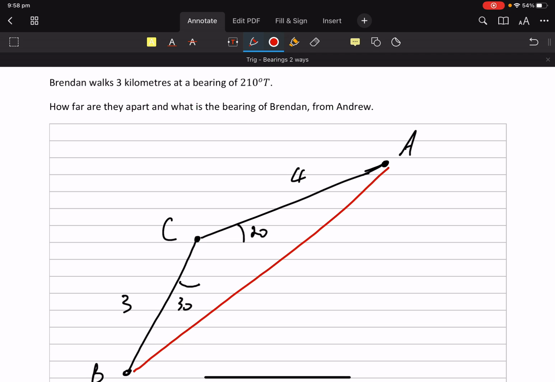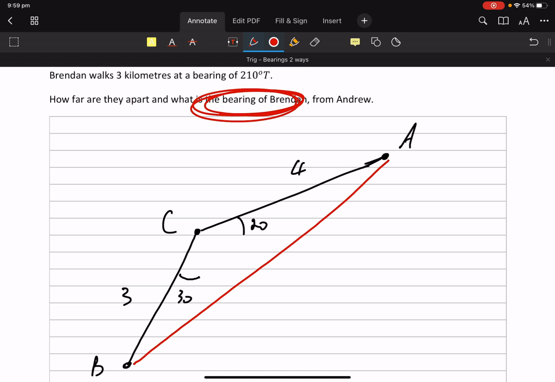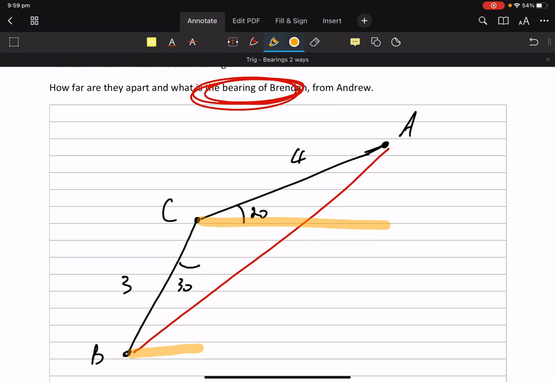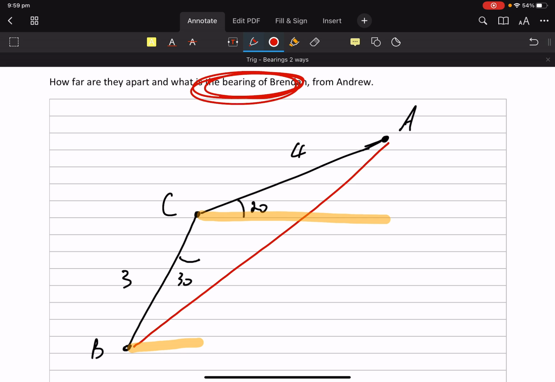Generally, when we get to a bearings question and we need to find the angle, we would put this into component form. We'll be finding the east-west of the first leg and the east-west of the second leg, and putting them together to find a total horizontal east-west component.